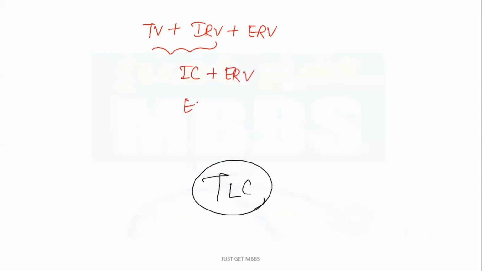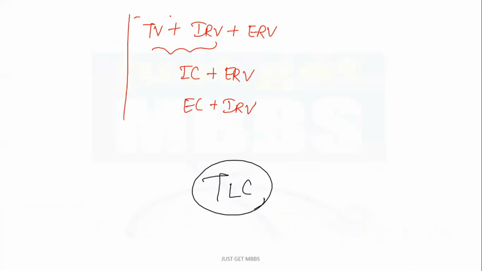So what is the formula to calculate vital capacity? It is TV plus IRV plus ERV. Since it involves both components, I can take either of these. I'm going to rewrite this as inspiratory capacity plus ERV, or expiratory capacity plus IRV.